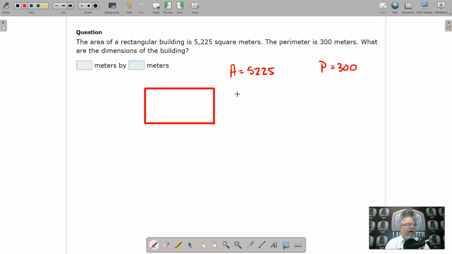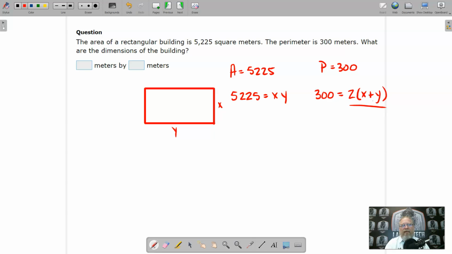So I know that the area, in this case, 5,225, is equal to x times y. I'm going to call it x and y, or length and width. And I know that the perimeter is 300, and that equals 2 times the quantity x plus y.